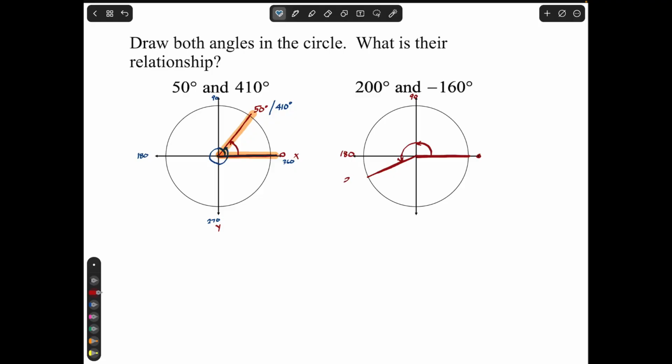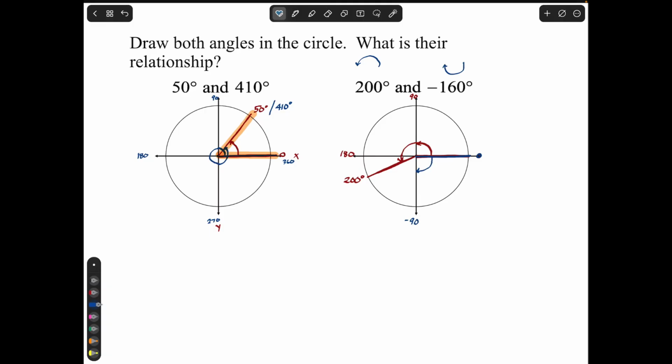Now, our second angle is negative 160 degrees. So remember, positive angles go counterclockwise, like going backwards from a clock. Our negative angles are going to go clockwise. So when we start here at 0 for our negative 160 degrees, we're going to go this direction. When I go down here, I'm at like negative 90 degrees. And I won't make it to negative 180 degrees, so I'm not going to make it halfway around.